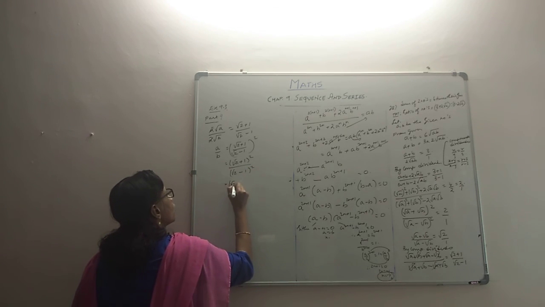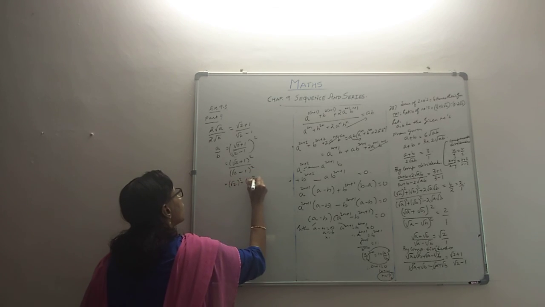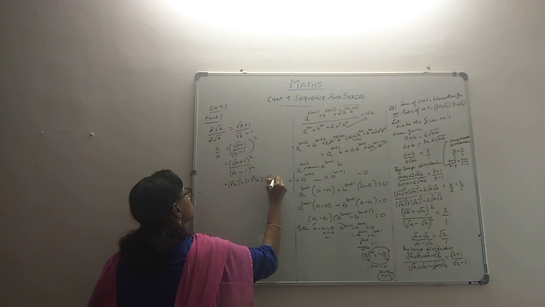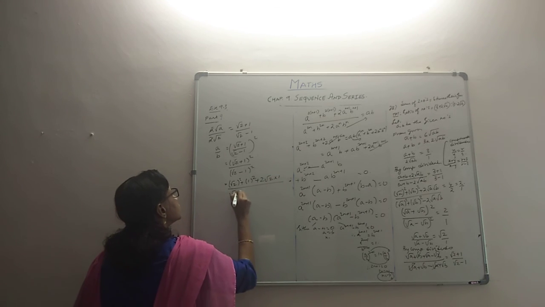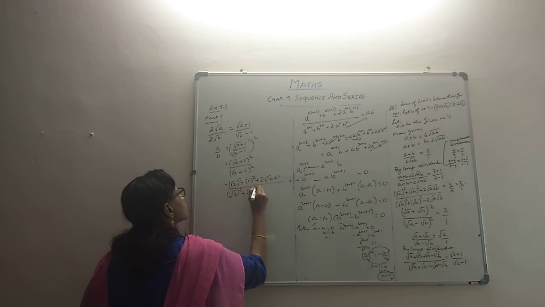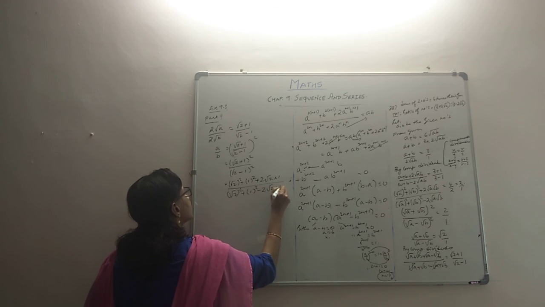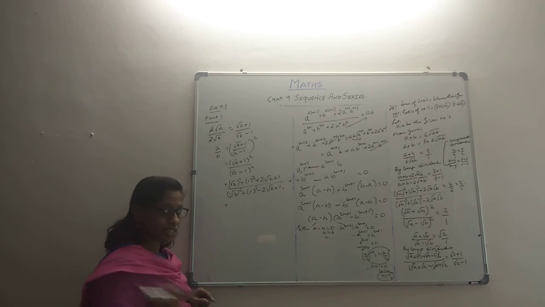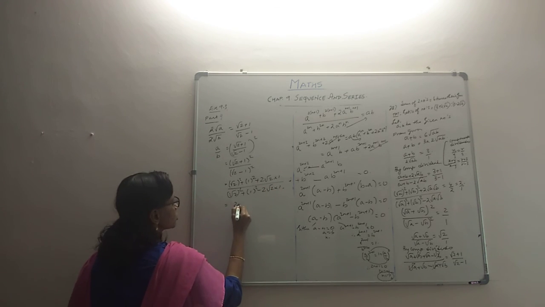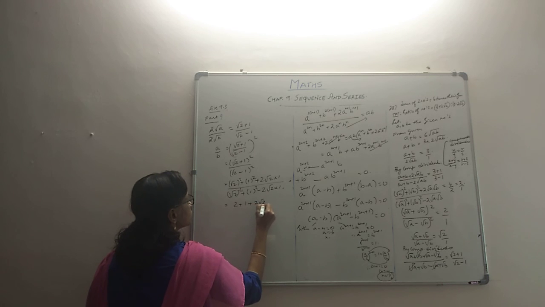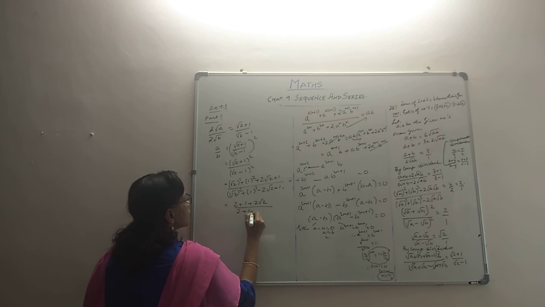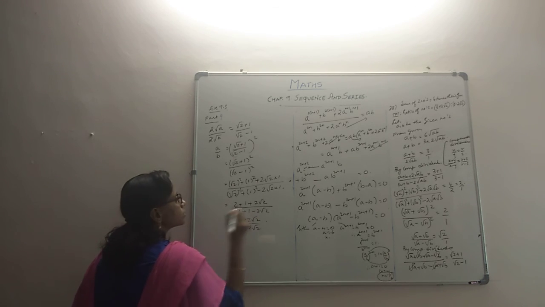Square of root 2 plus square of 1 plus 2 root 2 into 1. Root 2 squared we just learnt is 2, this is 1, this is 2 root 2. Similarly for the denominator. So this is 3 plus 2 root 2, this is 3 minus 2 root 2.